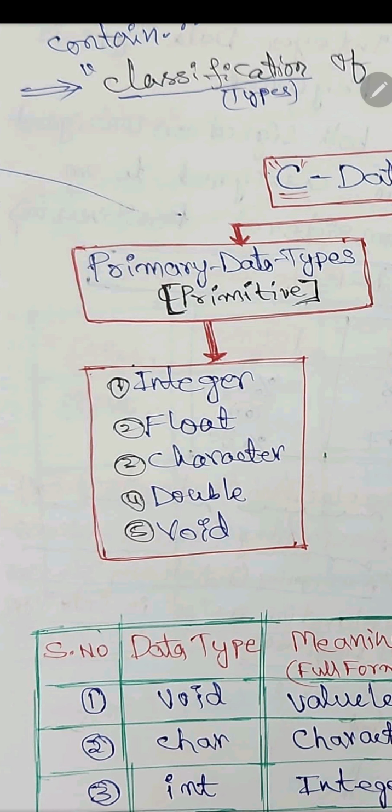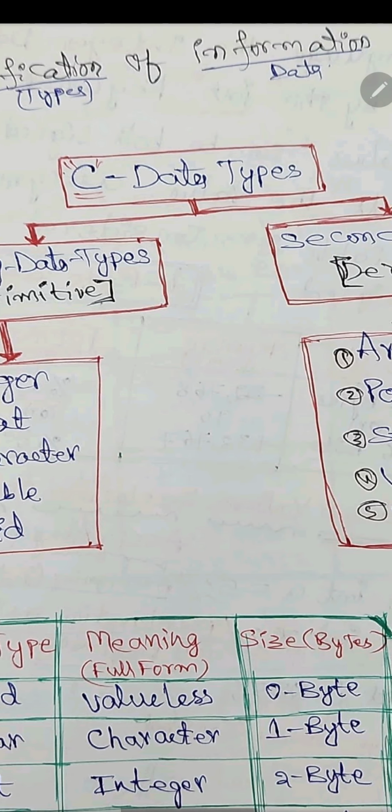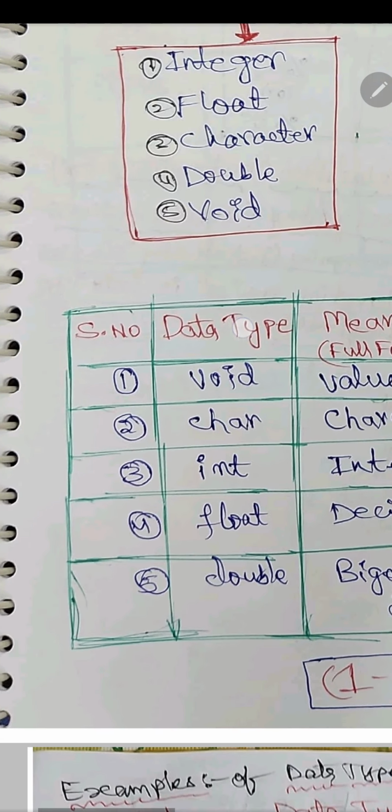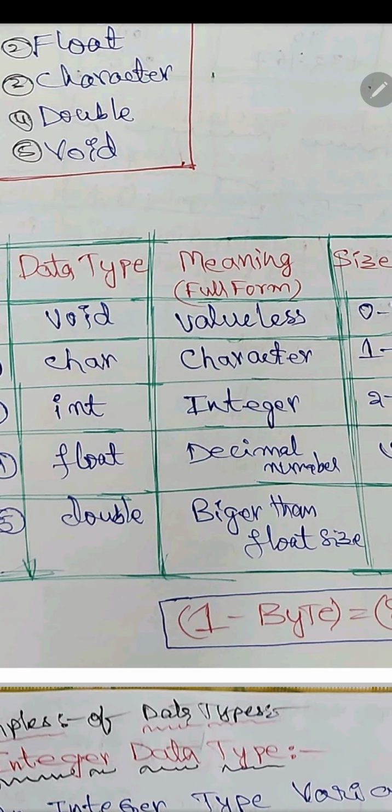Primitive data types are integer, float, character, double and void. Derived data types are array, pointers, structures, union, and enum. Enum will come in the last, fifth unit.